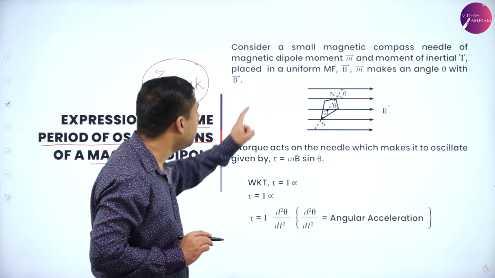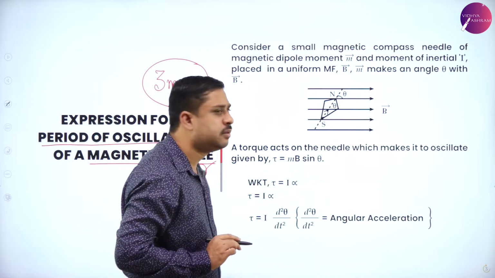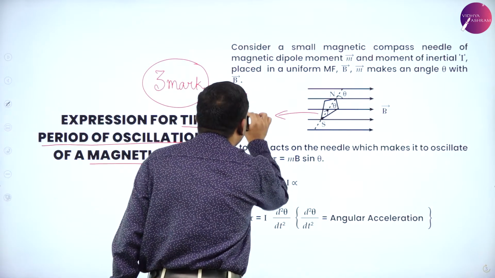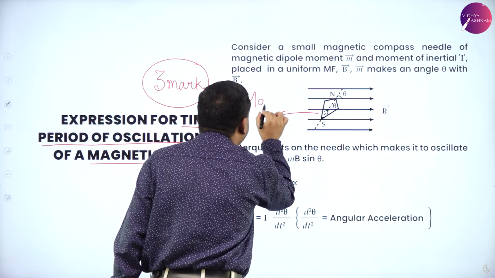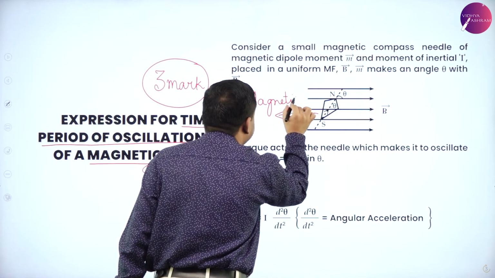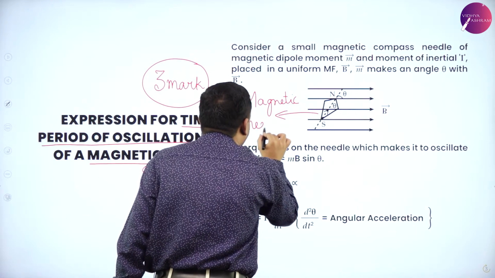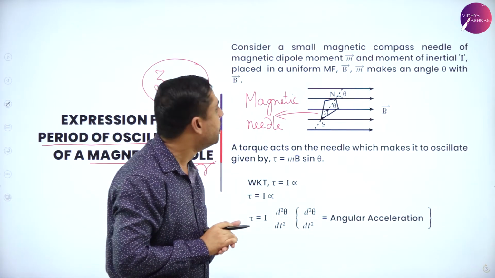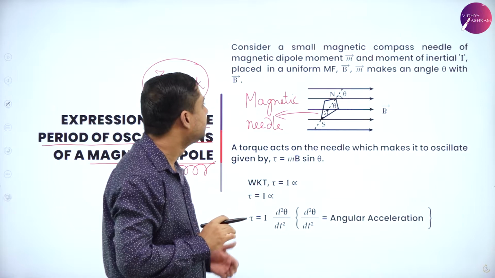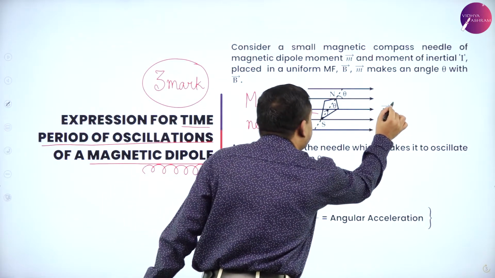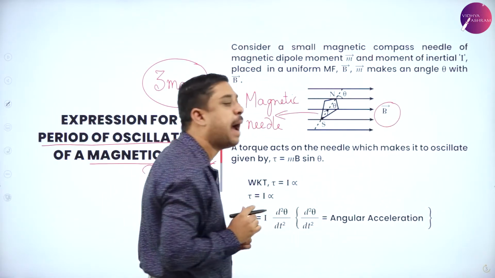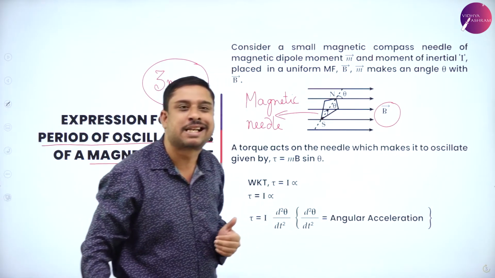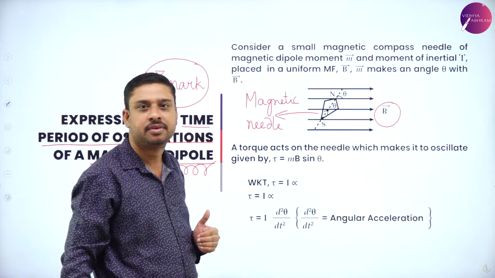Now, I consider a small magnetic needle. So this is a magnetic needle placed in a uniform magnetic field of strength B.